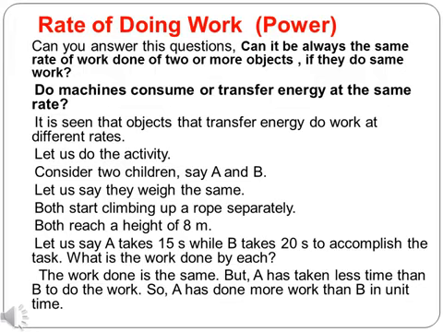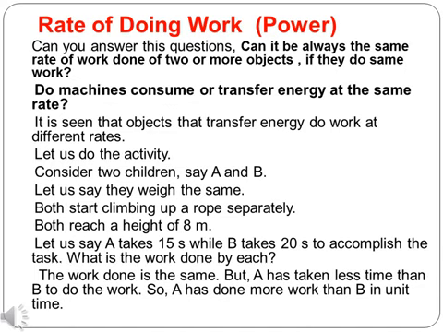What is the work done by each? Can you say the work done by each of them is the same? Definitely, the work done by each of them is the same. In spite of doing the same work, they are taking different times. That is, A has taken less time than B to do the same task.